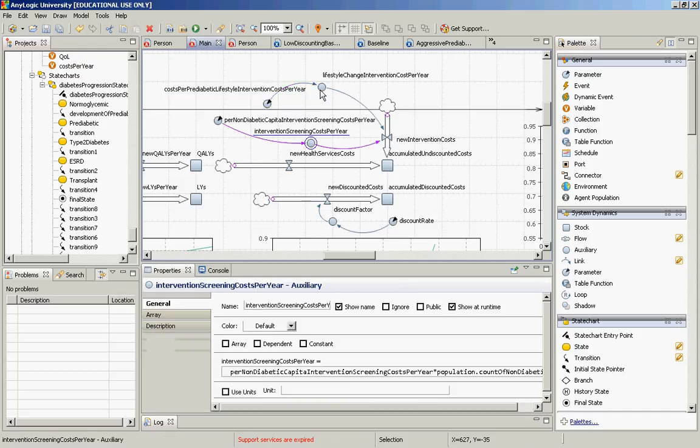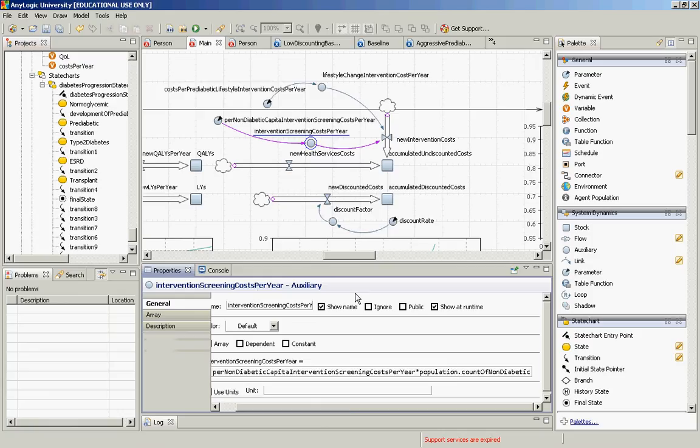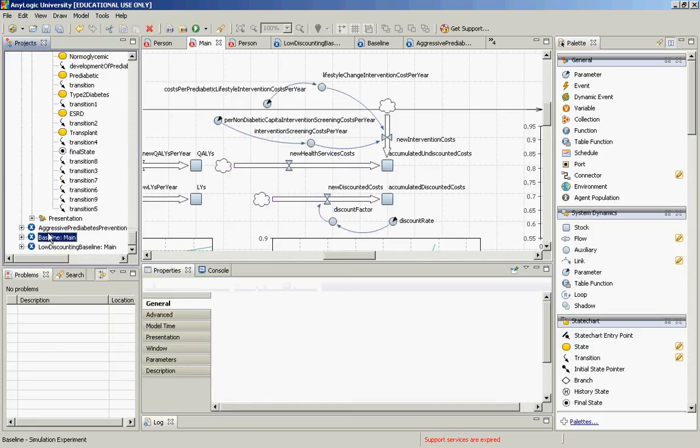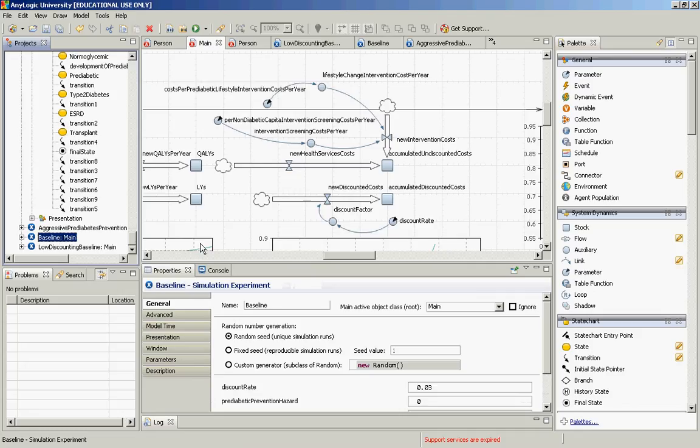This cost of intervening reflects pre-diabetics only. This cost of screening reflects all non-diabetics. We're looking out there at all people not known to be diabetic. Okay, so we have the baseline, and because we set those parameters to have values of 0 by default, they have no costs associated with them.